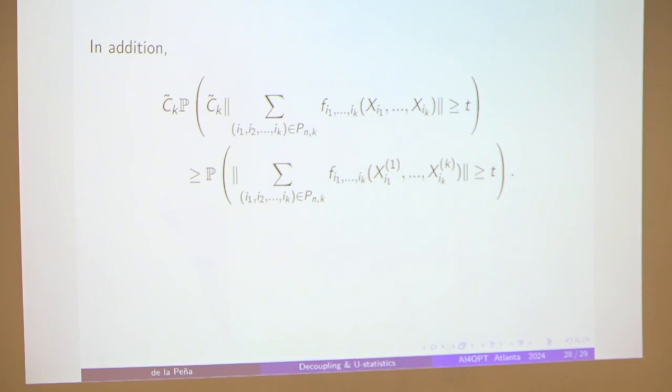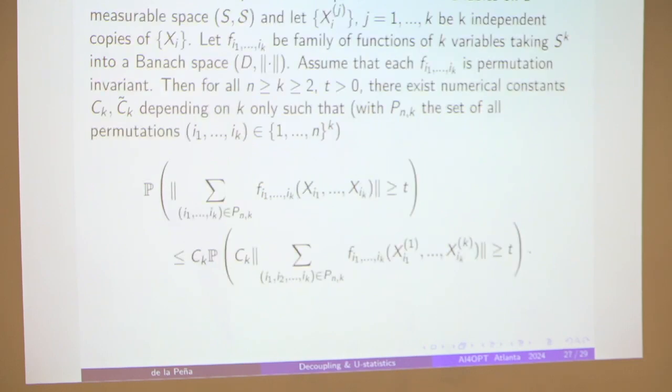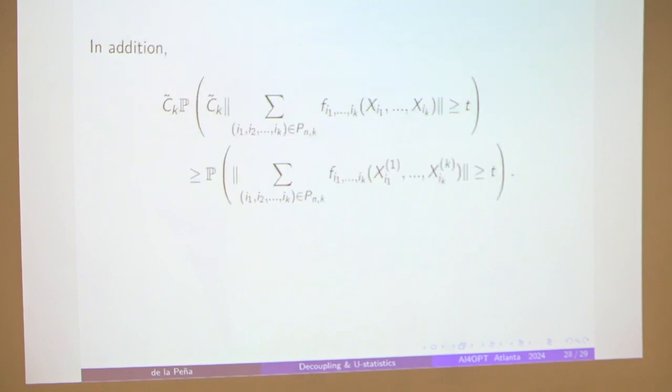I'm not going to prove this, but the inequality is also true for tail probabilities. So there's a constant C_k for which the upper bound holds, and if the functions are symmetric, then the lower bound holds for every t.